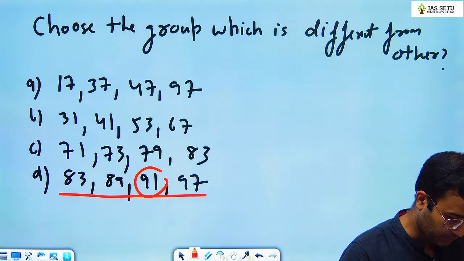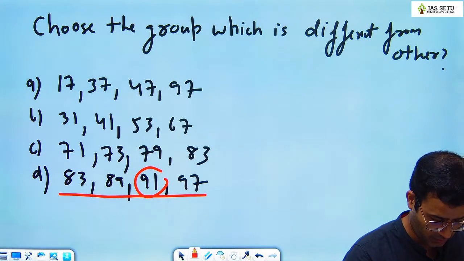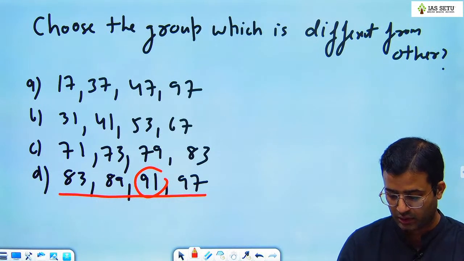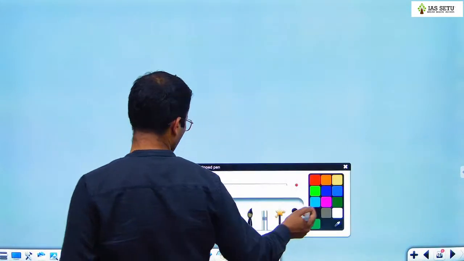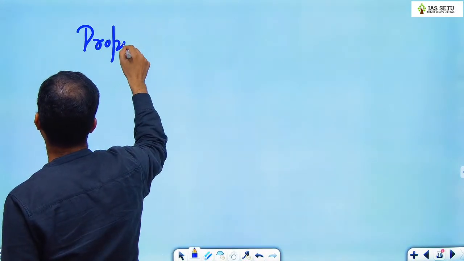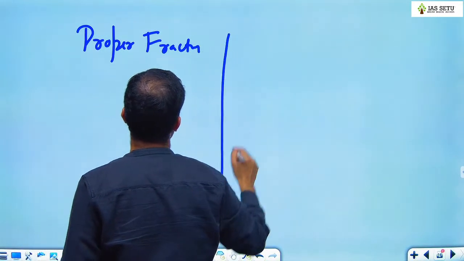Next is, someone asked me about it, so you make a note of proper or improper fraction. Proper fraction and improper fraction.